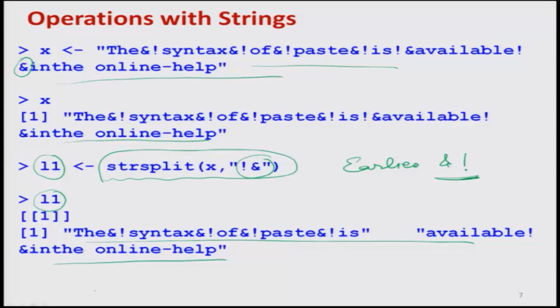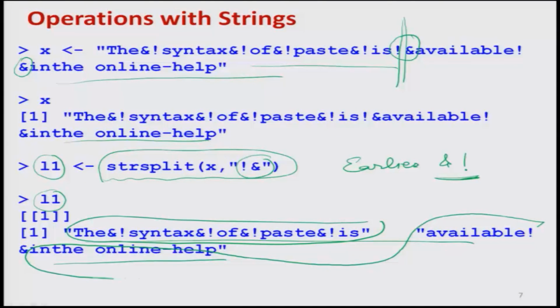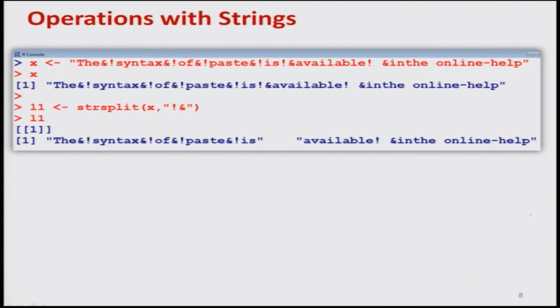But when you split with this, it occurs only at one place here. That is why there is a split only at this place, and that is why we are getting only two things. One is this one, and another is this one, right. Okay. And this you can see, this is the outcome, the screenshot.